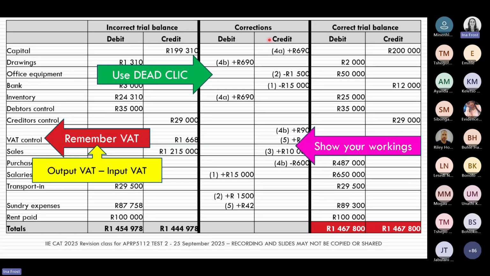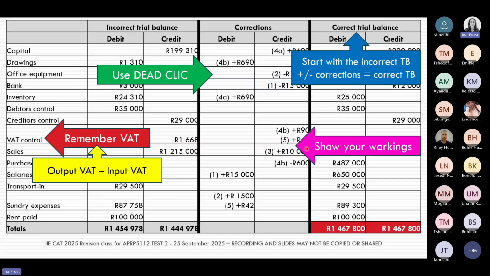Again, students, you're going to show us your workings. Any workings that you had to make to arrive at these numbers, remember to show that to us. And then to do your correct trial balance, you start with your incorrect trial balance and you add or subtract the corrections, and that gives you the correct trial balance.